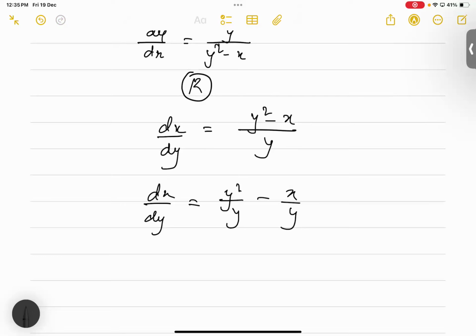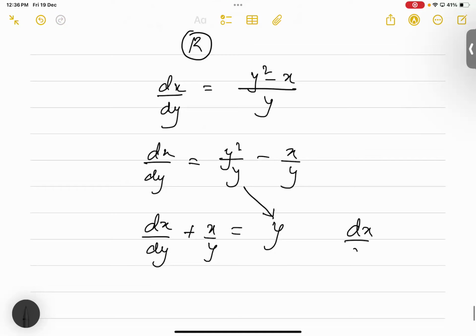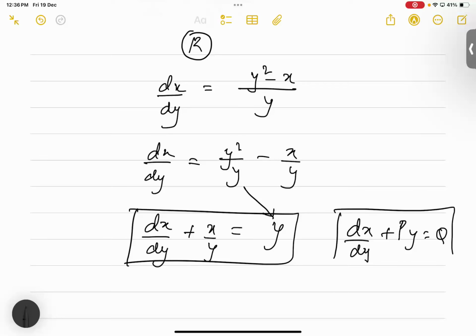Which term to take on the left hand side? Single x. LDE2 है ना. हाँ. This will be y. So dx by dy plus py is equal to q. Clear?